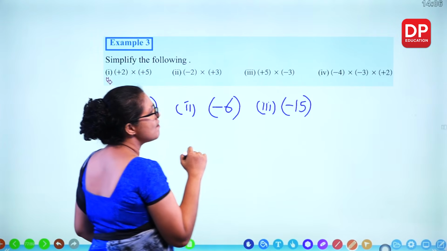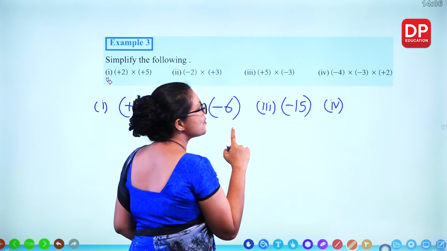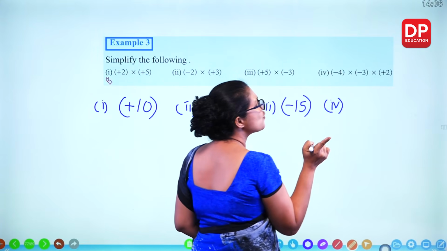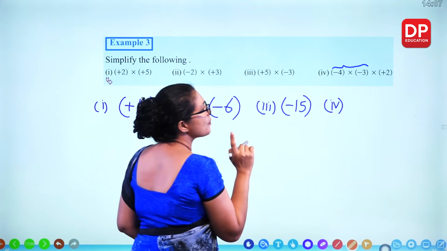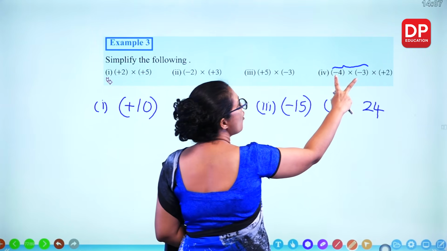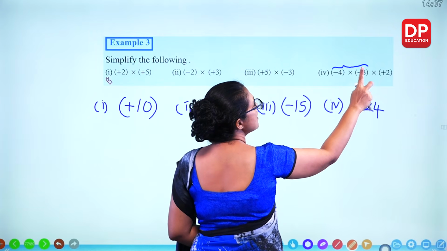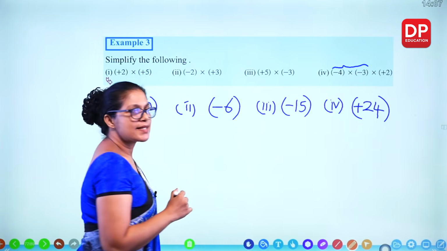Answer is negative 15. Here, 4 times 3, 12. 12 times 2, 24. Now we'll decide the sign. Both negative, you get plus. Again, plus with plus. Answer is plus.